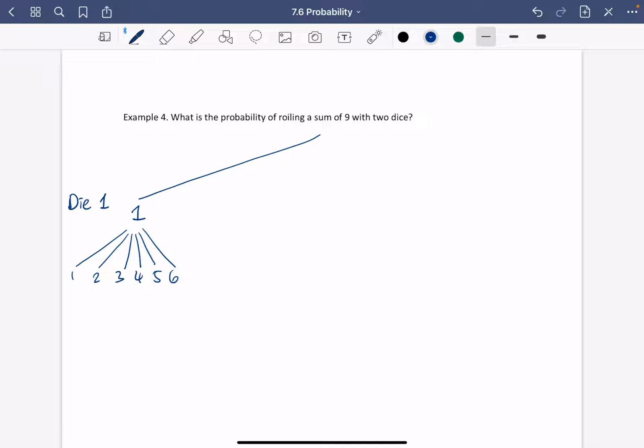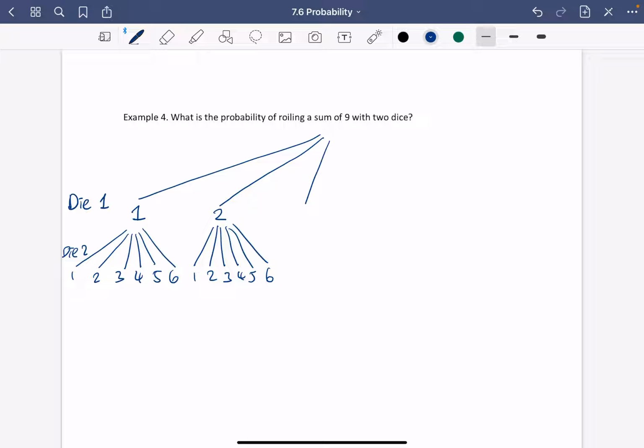Right? Now, if my first die is a 2, then my second die, die number 2, still has 6 possibilities.